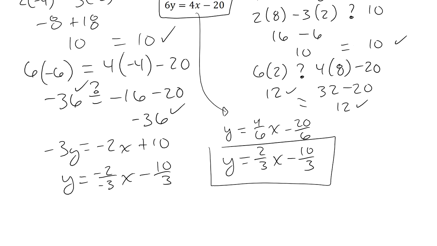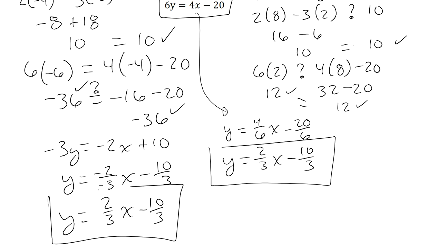And you can see the negative over negative makes this a positive 2/3 x minus 10/3. So these lines both have the same y-intercept and the same slope, so they're the exact same line. So there's a lot of people that could be right. If you have a point that is on one of the lines, it would necessarily have to be on the other line because the lines are the same. So we'd say they're both correct.